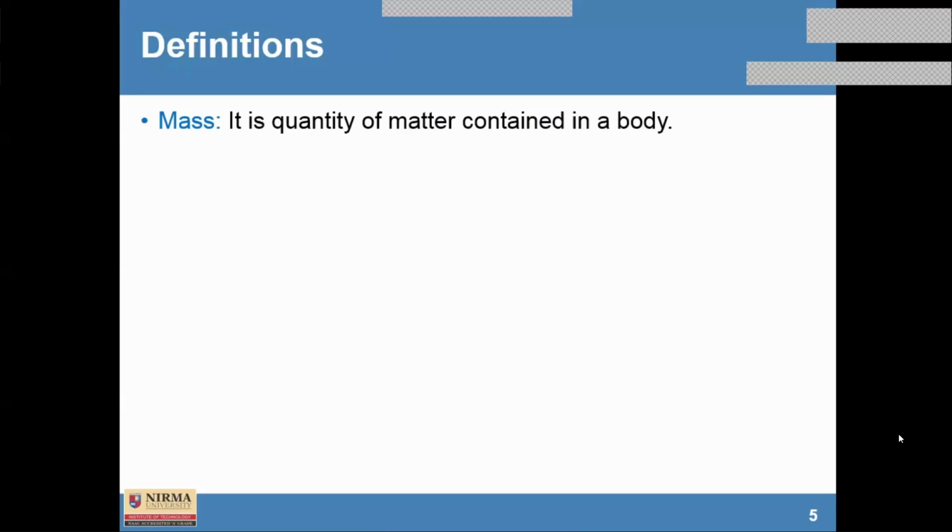Now let's have a few different definitions. Mass, because these definitions are a little bit important for calculation purpose and for understanding purpose also. You have already studied, so no need to explain in detail, but yes, it is required. So mass is a quantity of matter contained in a body.